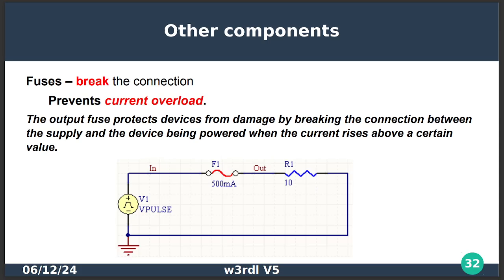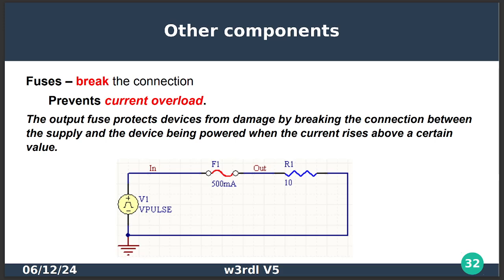Fuses break the connection. These are fairly important. And remember, I told you earlier in most of the drawings that I have at work, the fuse is represented by a sine wave with wire at each end. So that's what you're seeing right there. F1 is a 500 milliamp fuse.